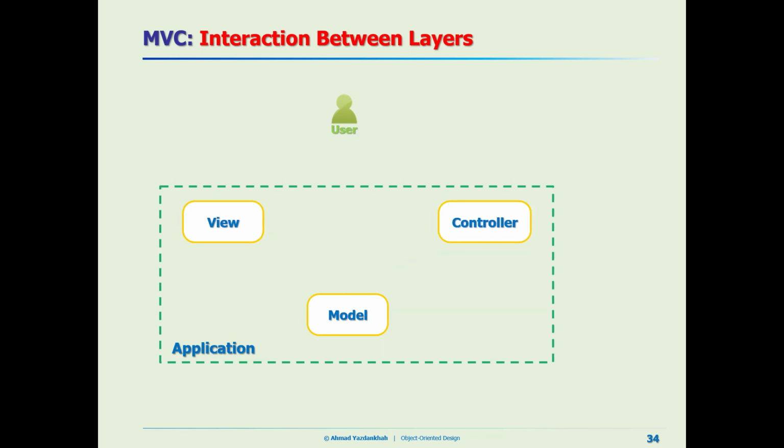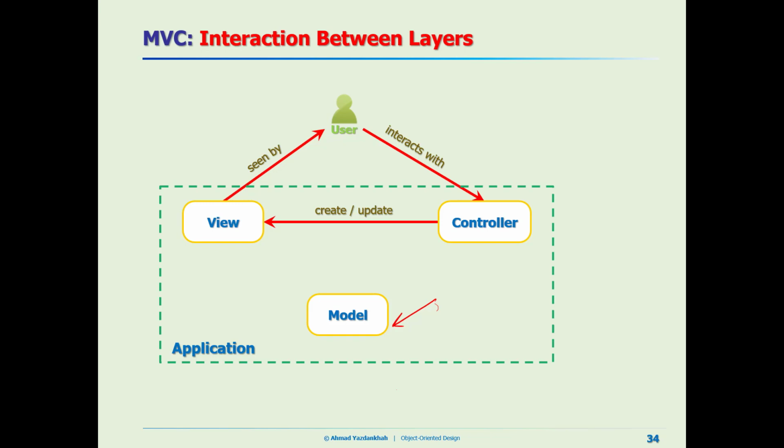So first the user interacts with the controller, as we said, and the controller has two possibilities. Either it doesn't need to go to the model. So maybe it is some validation or some calculations, and it can go directly to the view object, and when the view object is changed, the user can see all of those changes.